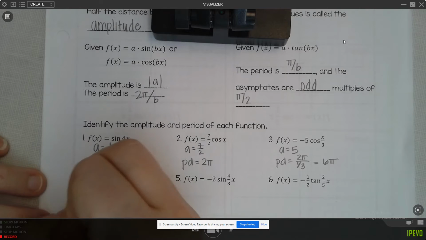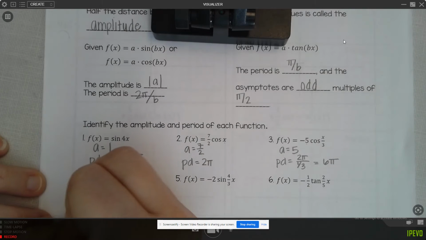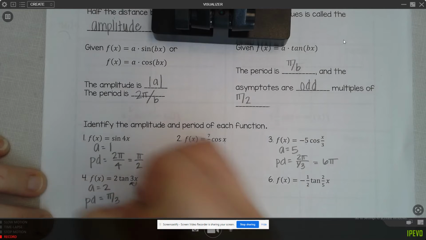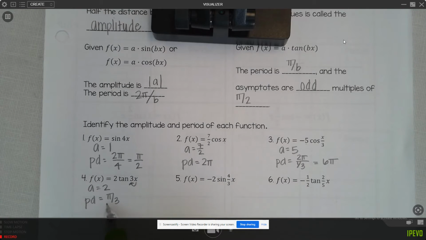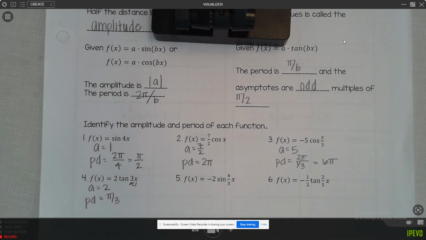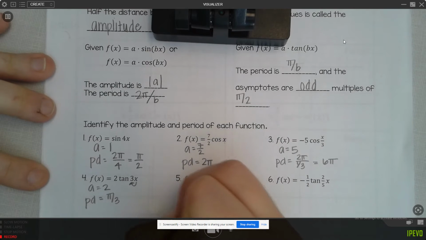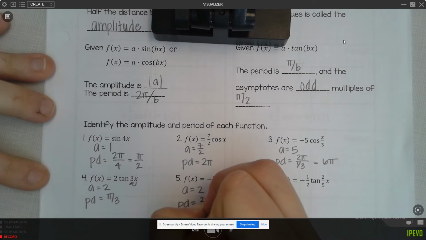4, my amplitude is 2. My period is pi over 3, because my coefficient of x is 3. And my period is only pi because it's a tangent function. Number 5, my amplitude is 2. And my period, 2 pi divided by 4/3.